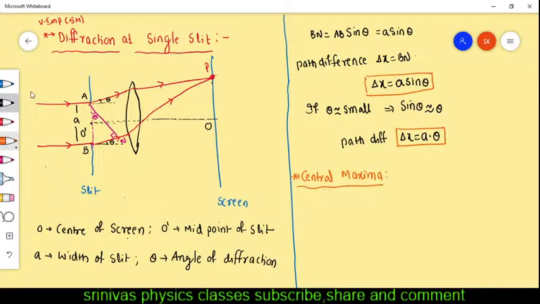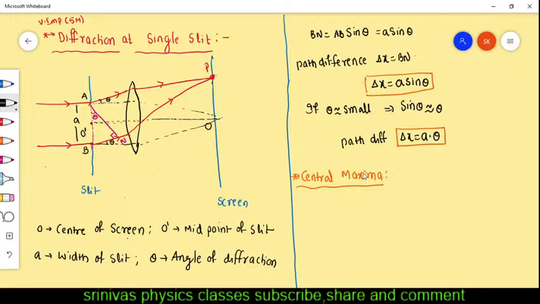If you take the center, I will take two other light rays which are reaching the point P. The light rays are coming like this, and straight like this, and they are meeting at the point O. This is the center of the screen.